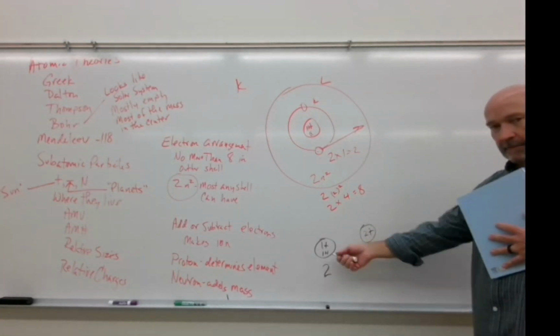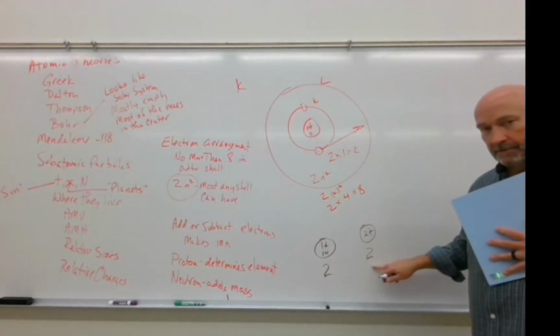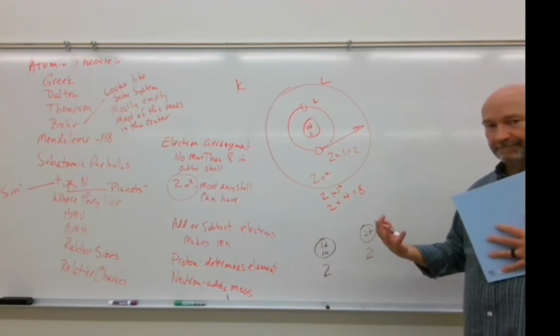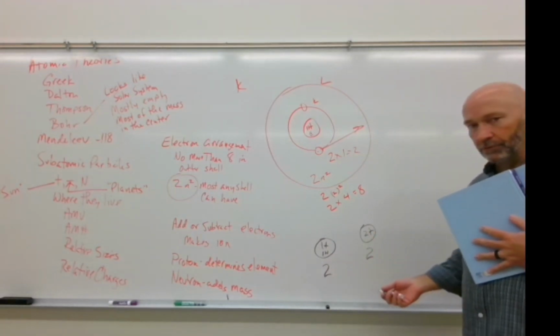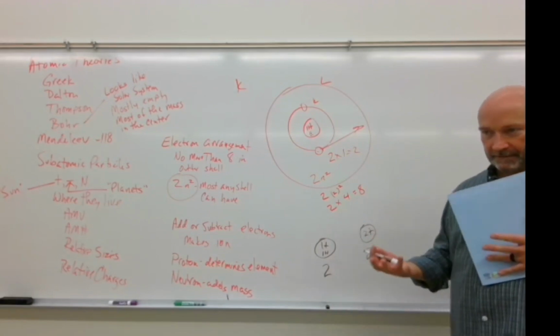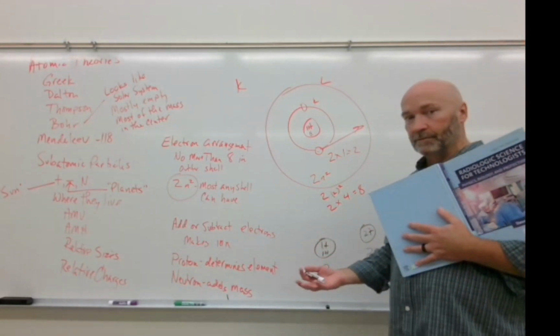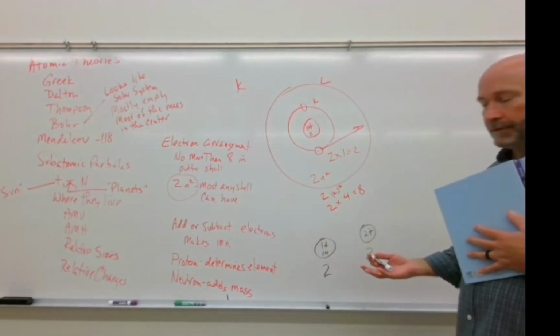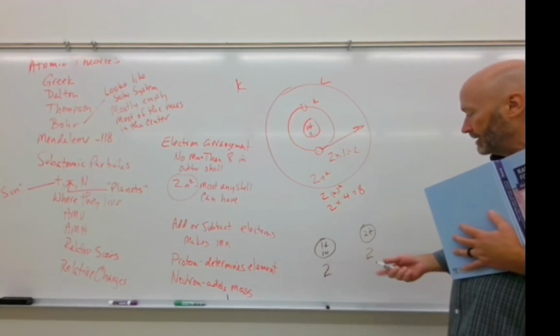So what can you tell me about the difference between these two? They have the same atomic mass number. They've got almost the same overall atomic weight, right? They're both 2. The mass unit difference between a proton and a neutron is very minimal. So they're almost the same in that respect, but they're not the same.